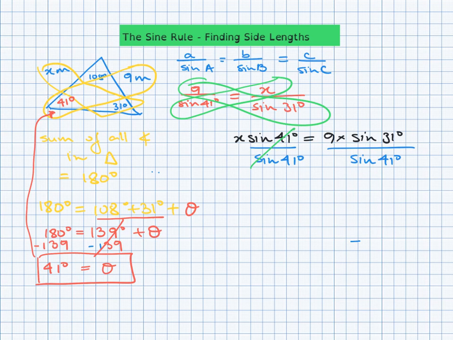Then x should be equal to approximately, use your calculator and check if my calculation is correct as well, 7.07 meters. So that would be the length of the unknown side. Okay, now let's move to the next question, which is a little bit longer.